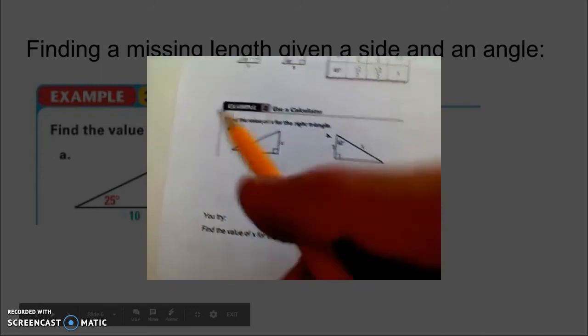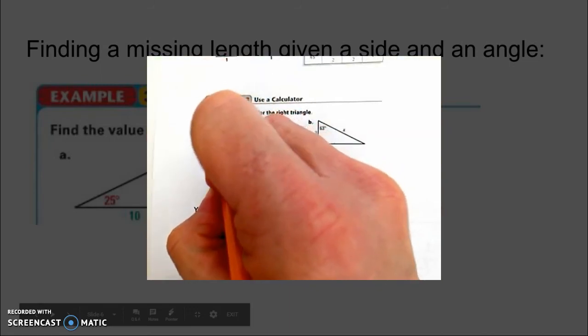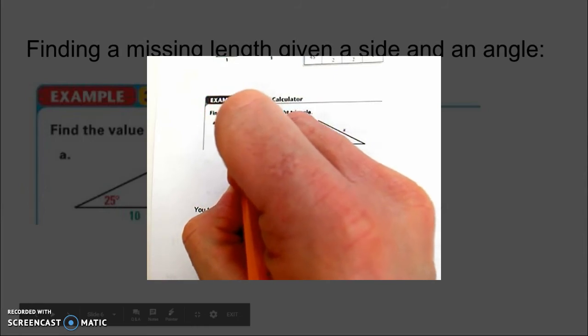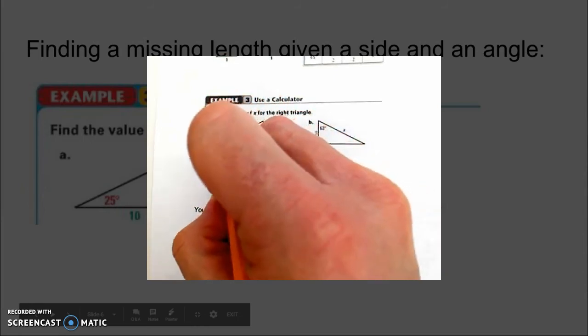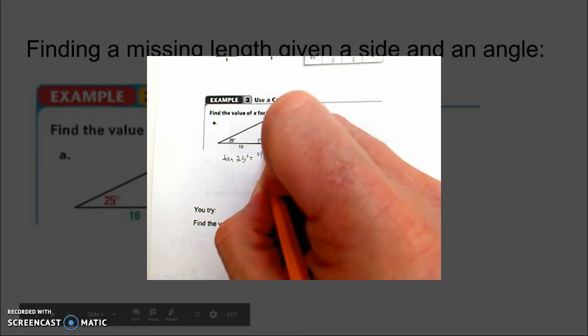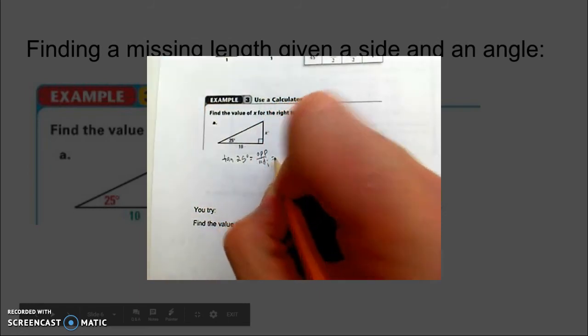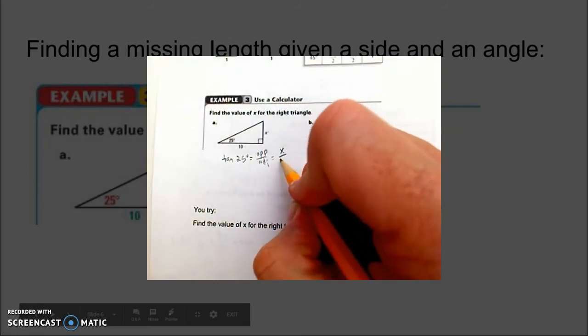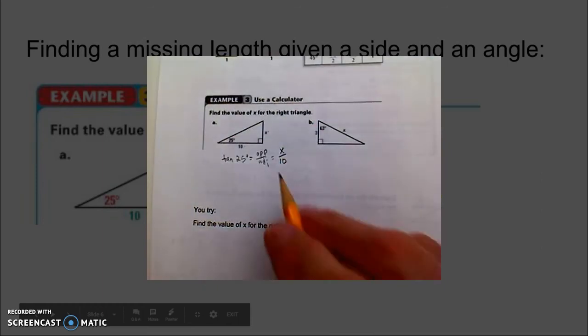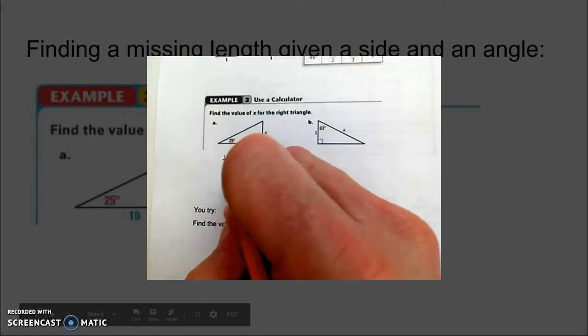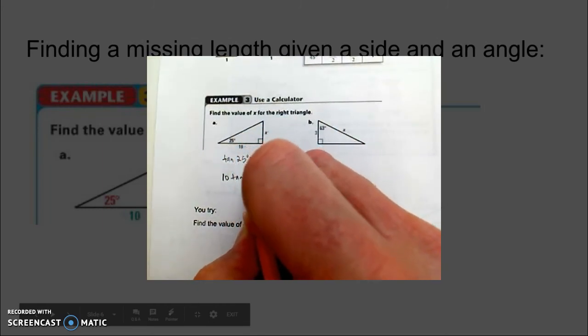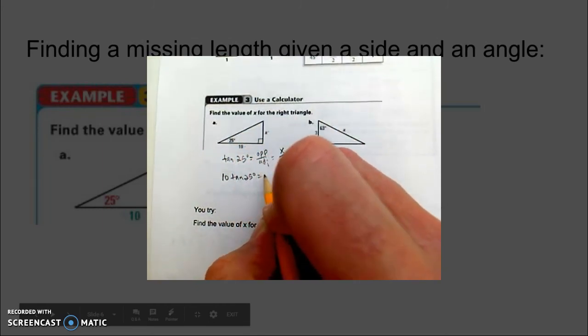So I'm going to write tangent of 25 degrees. So opposite side over adjacent side, that's x over 10. Now I need to solve this for x, so I can see that if I multiply both sides by 10, 10 times tangent 25 degrees equals x.